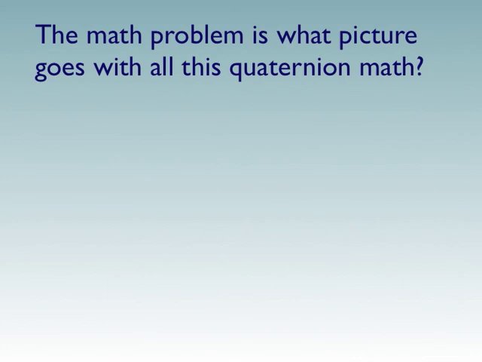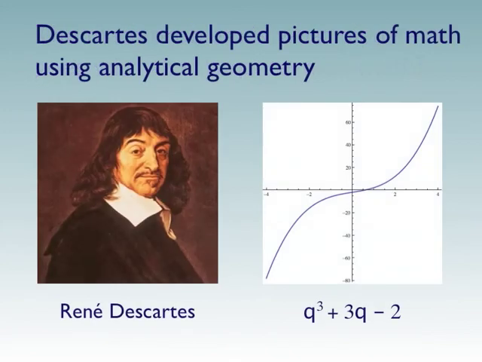So a deep math problem for people who work with quaternions is what picture actually goes with all this pretty darn abstract math. So we turn to René Descartes, who developed pictures of math using analytical geometry.